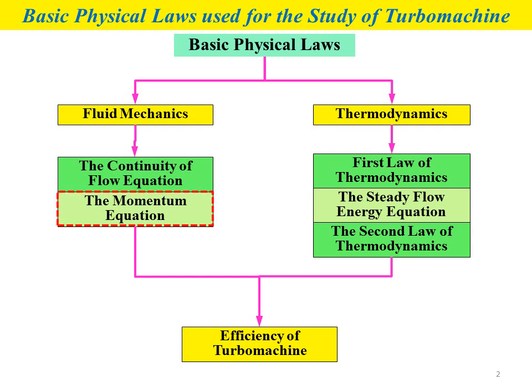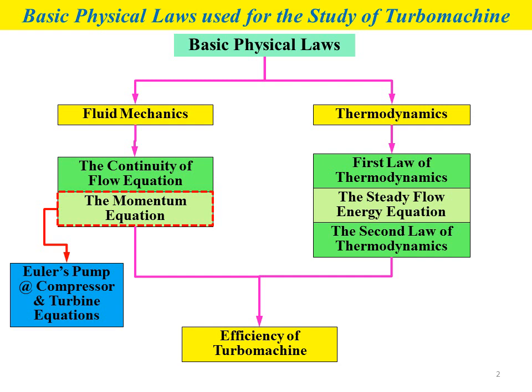The equation that I mentioned before, the Euler equation that we will use throughout the subject, is actually derived from the momentum equation. From the momentum equation, we get the Euler equation for the pump, for the compressor, and also for the turbine.